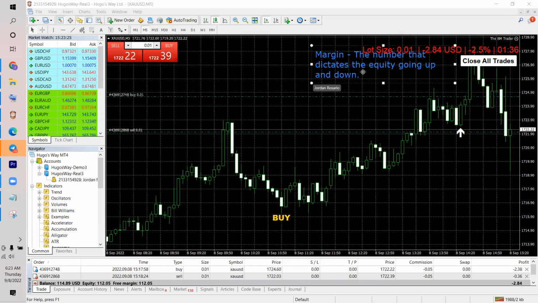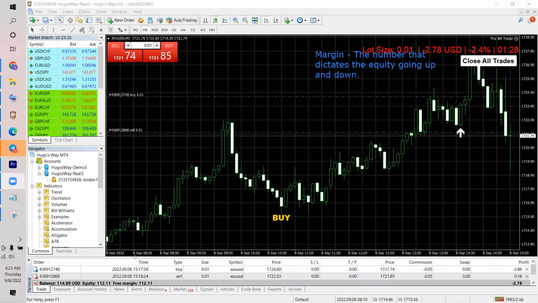We can determine that the margin went down to zero by coming over to our trade terminal tab. As you can see, we have balance, equity, free margin.